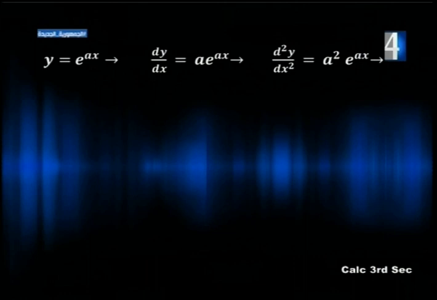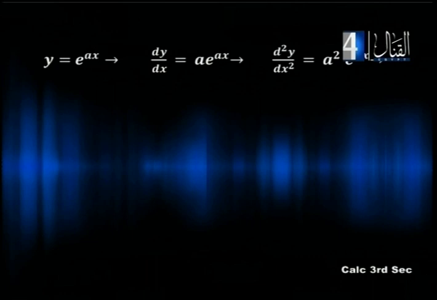Now what is the second derivative? The second derivative d2y/dx squared equals a multiply e to the power ax multiply the derivative of the power. Then a multiply a equals a to the power 2 multiply e to the power ax.